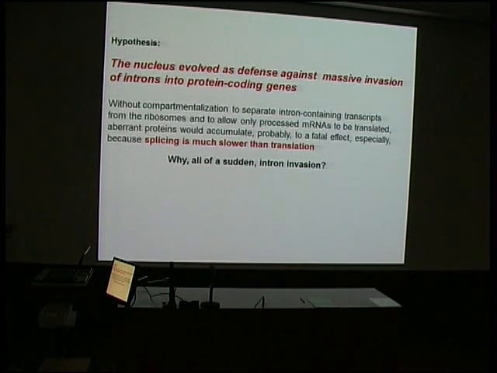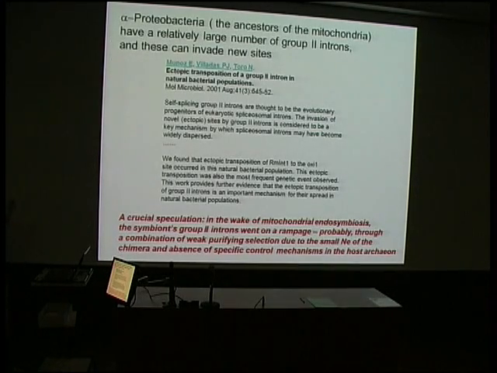So as we have seen, there was an early invasion of huge numbers of introns into the genes of the emerging eukaryote. Creating something like a nucleus, a defense system that isolates the primary transcripts and allows them to be properly spliced, is the only way to survive that situation. Why suddenly an intron invasion?